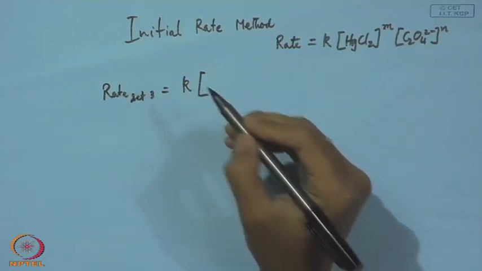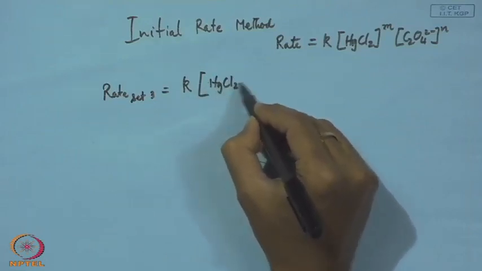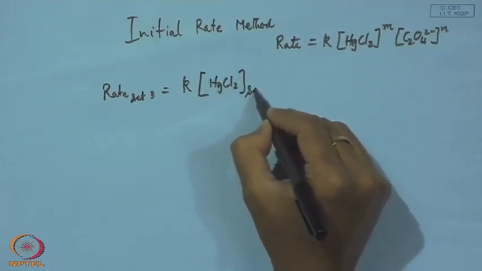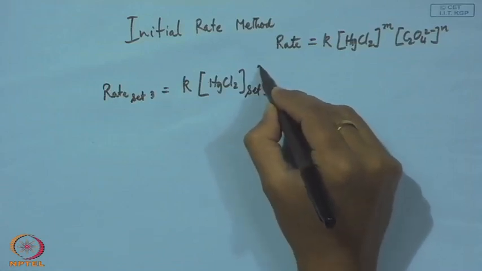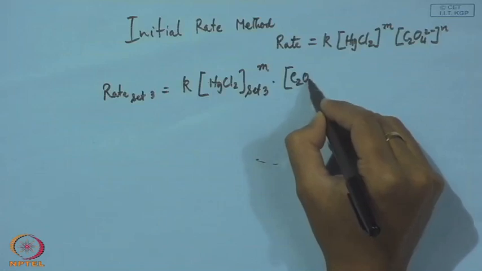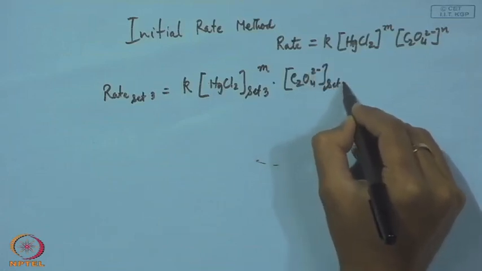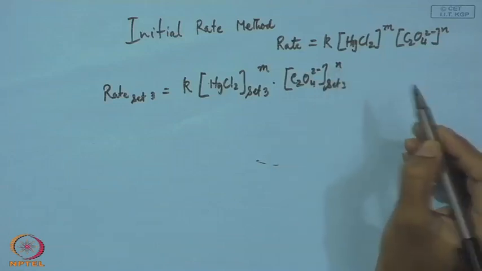So, set 3 is K into [HgCl2] set 3 to the power m times [C2O4 2-] set 3 to the power n.